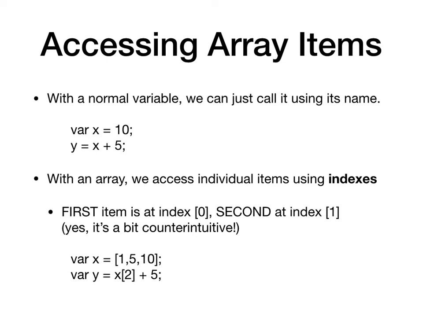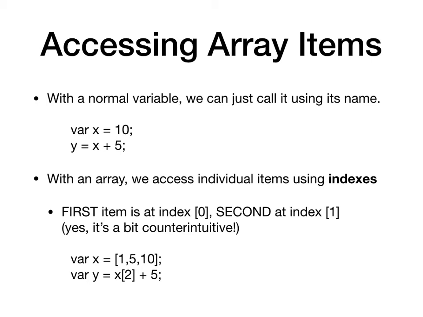You access individual items of the array using indexes. And this is a note that you'll have to keep track of. The first item of the array is at index 0. Yeah, it's a little counterintuitive. 0 is the first thing in the array. Just remember, all numerals start with 0, and then 1, and then 2.